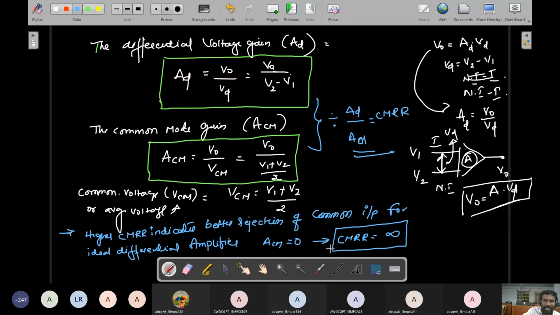For an ideal differential amplifier, the CMRR value is always high. Whenever the common mode becomes 0, your CMRR is almost infinite. Okay, so please note everybody.